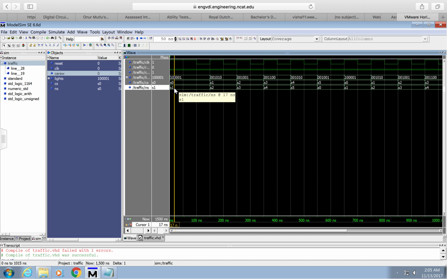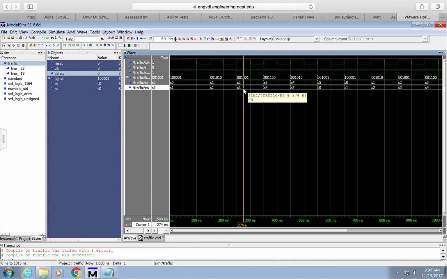If, however, a car is detected, it should go to the next state, where it would turn yellow on north and south and stay red on east and west. For the rest of the states, it doesn't matter whether the sensor detects a car or not.